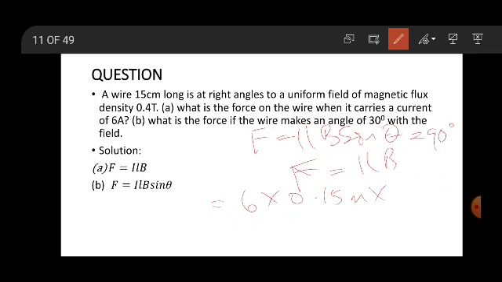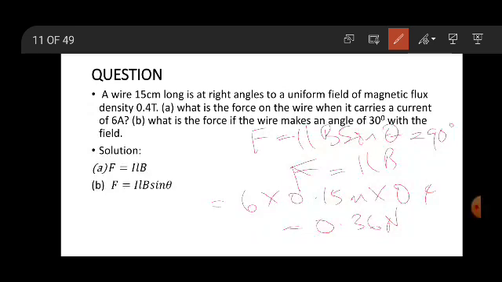B, the flux density, is 0.4. So we have 6 times 0.15 times 0.4. That will give us 0.36, so this will be 0.36 newtons. So the answer to A is 0.36 newtons.